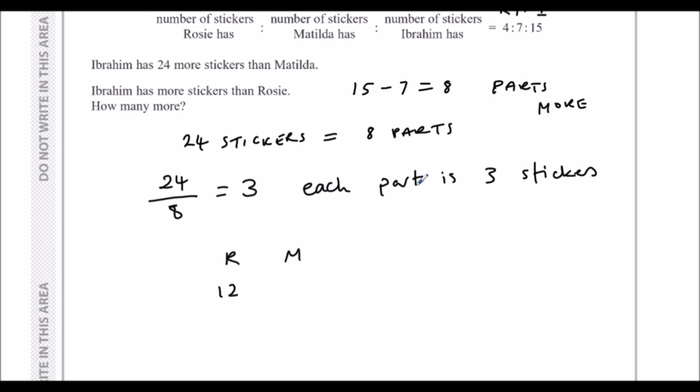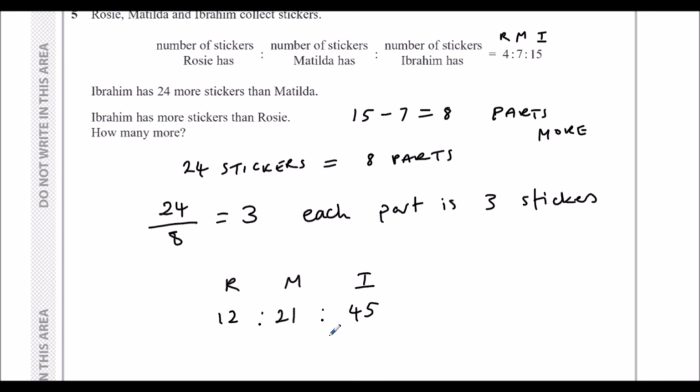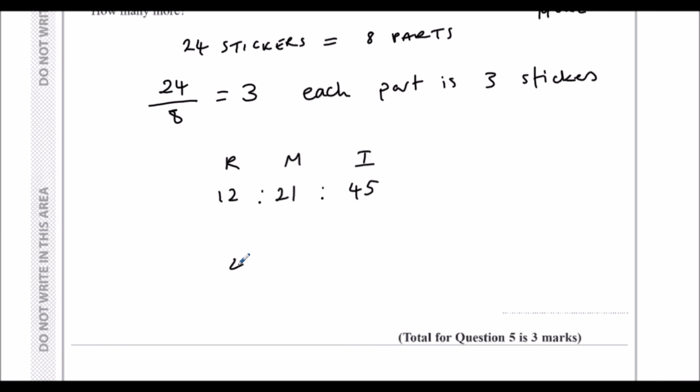Matilda's got 7 3s, 21. And Ibrahim's got 15 3s, which is 45. So we can see Ibrahim has got 24 more than Matilda. How many more does he have than Rosie? So 45, take away 12, is 33.